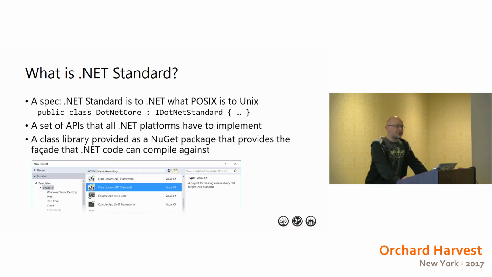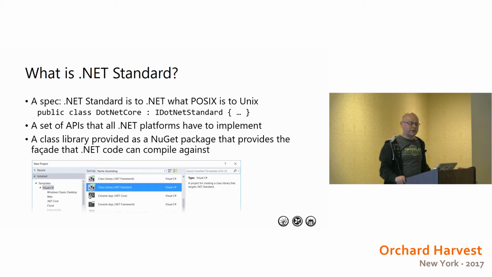But it's also something a little more concrete than a contract. It actually comes as a NuGet package, and that NuGet package is a facade that you compile against. So it's a set of hooks that you program against, and then when you actually run the code, it actually calls into the specific implementations.